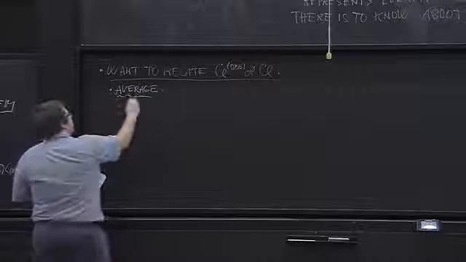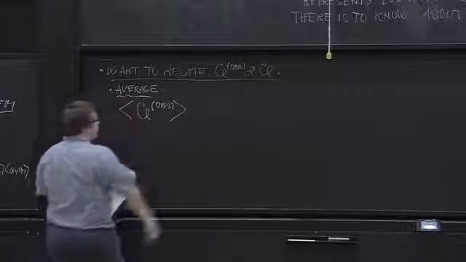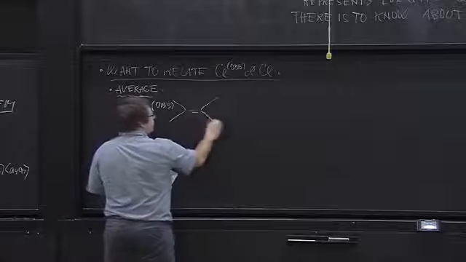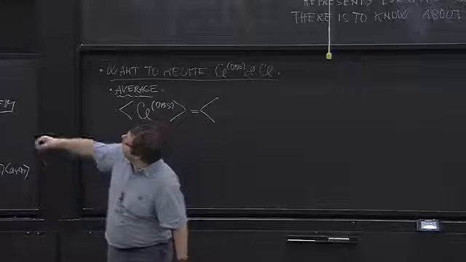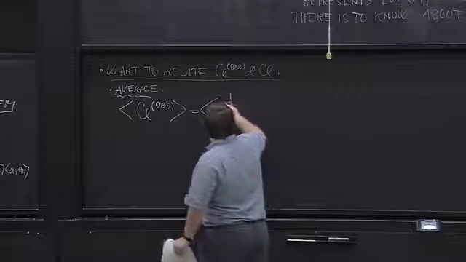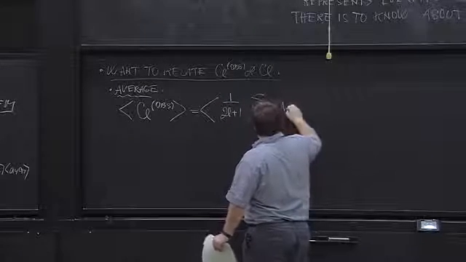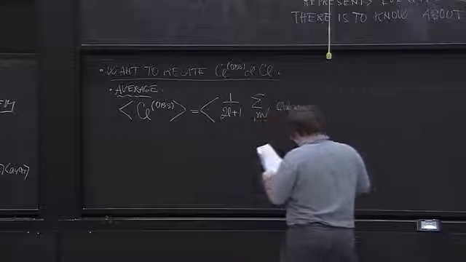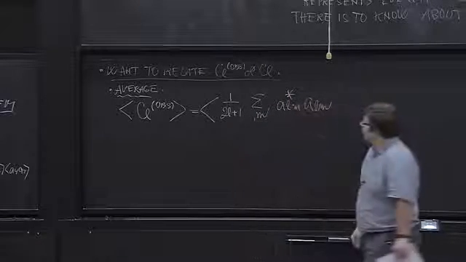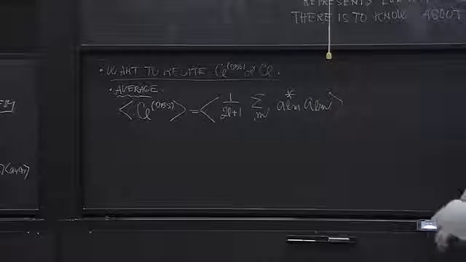So I'm calculating whatever the average of the observed thing is. Well, by definition, CL observed is over there. So it's 1 over 2L plus 1, sum over M, ALM star ALM. Right, so that's from the definition of CL observed.